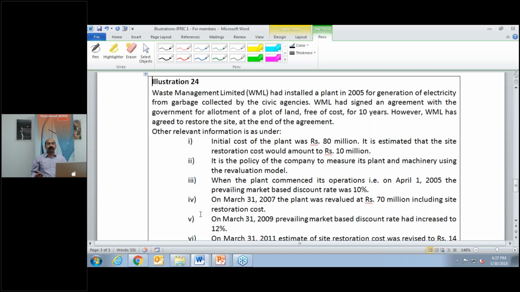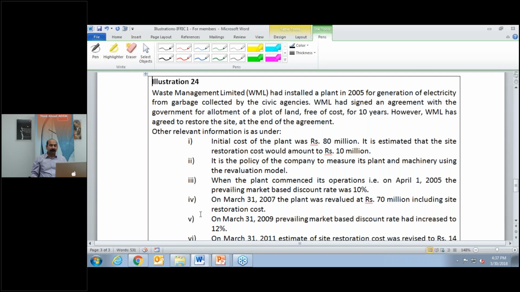The initial cost of the plant was 80 million. It is estimated that the site restoration cost would amount to rupees 10 million. It is the policy of the company to measure its plant and machinery using the revaluation model. When the plant commenced its operation, that is on April 1st, 2005, the prevailing market-based discount rate was 10%.